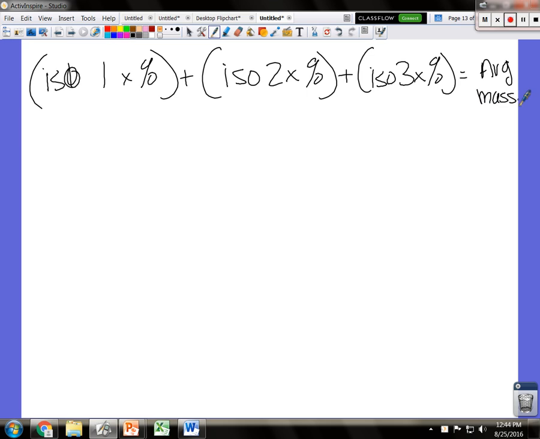Would you agree with that? Now, what is the mass of isotope number 1? 80.45, and what is its percentage? Now, can you plug 2.4 in?